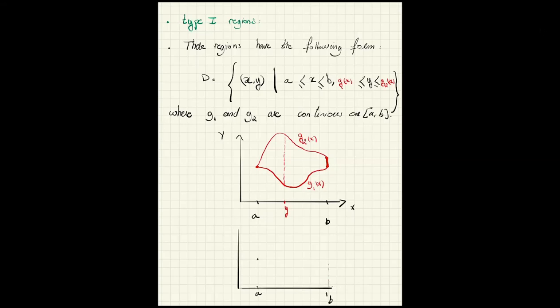This is b, and for some x, y is between this function g1 and g2. So these are examples. This is region D, this is region D.